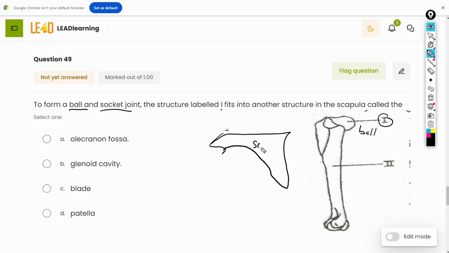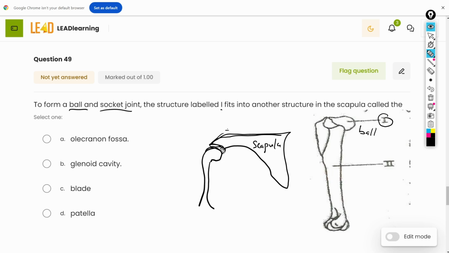So if this is the scapula, this head, which is the ball head, fits into this cavity or groove in the scapula. So the ball fits into the socket to form the ball and socket joint.